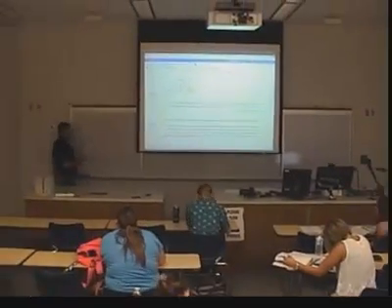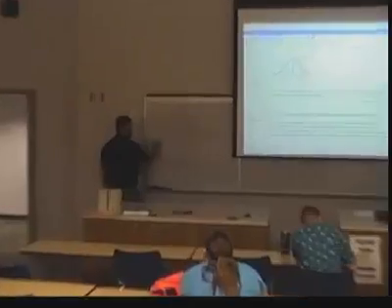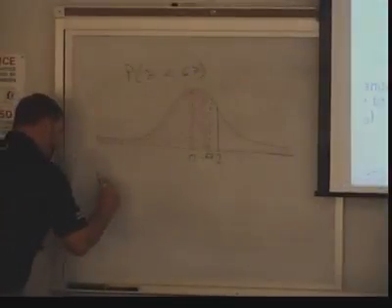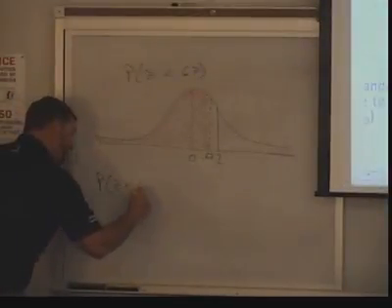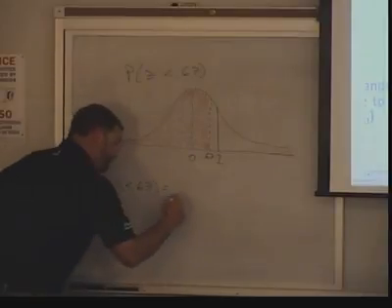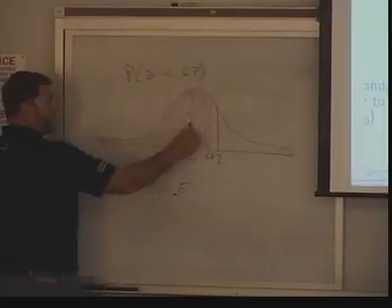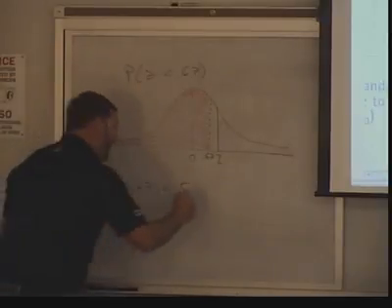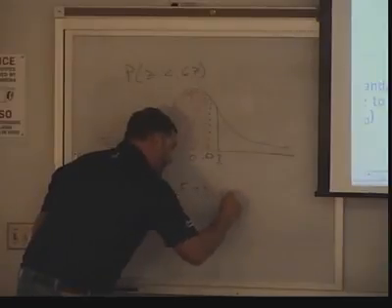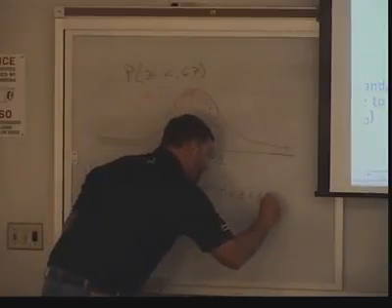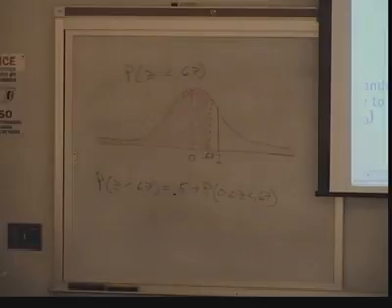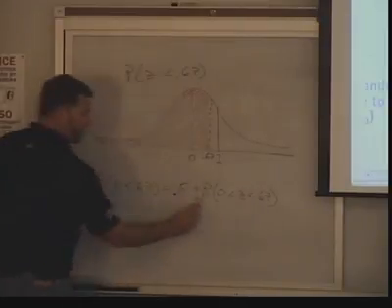So the book only gives me from 0 to 0.67. But I know what it is from here, right? So the probability that z is less than 0.67 is going to be equal to 0.5, or half the curve. I know this is 0.5, right? Half of the area. So it's 0.5 plus the probability that 0 is less than z is less than 0.67.